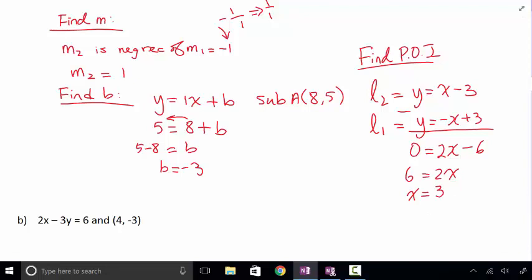Now I have to find the y value. So plug it back into line 2, looks like the easier one. So we're going to sub x equals 3 into line 2, and that's going to find my y value.